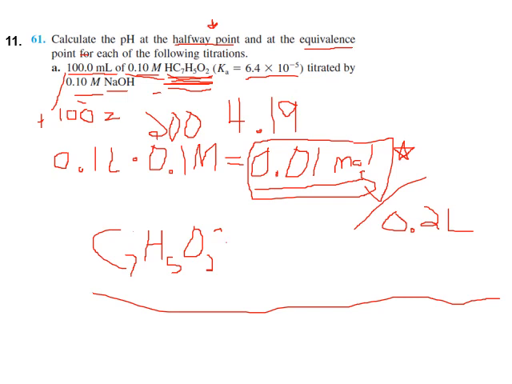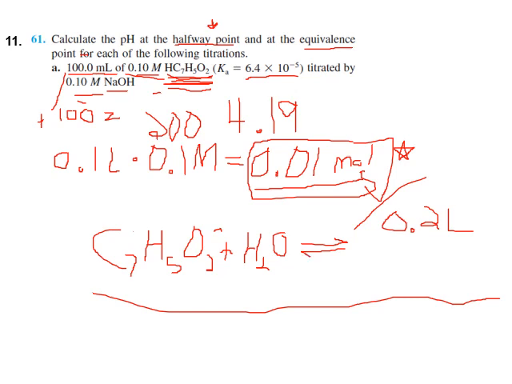So what am I going to add to this? Well, we always add the same thing in this kind of a calculation, water. So let's add water, and then let's figure out what's going to happen if we add water to heptanoate. What will happen?